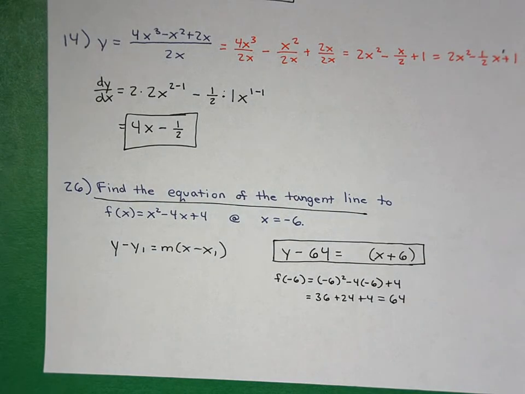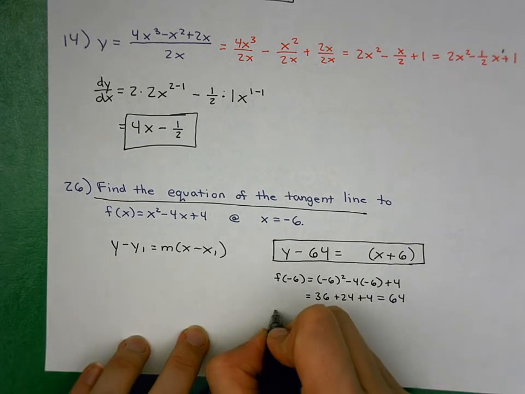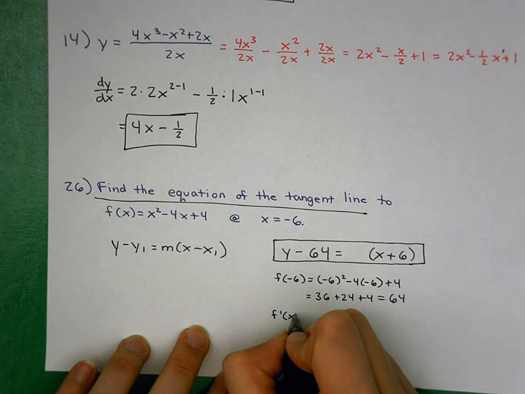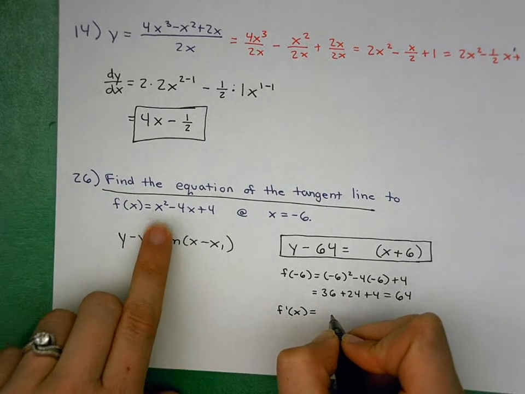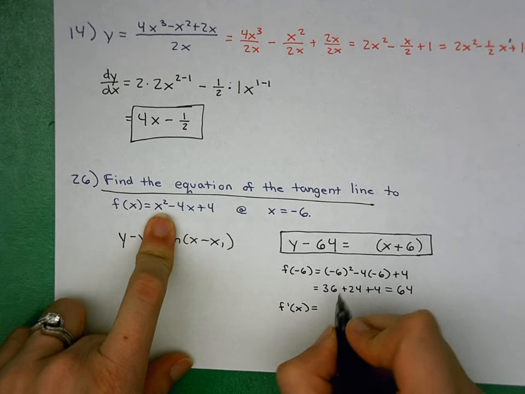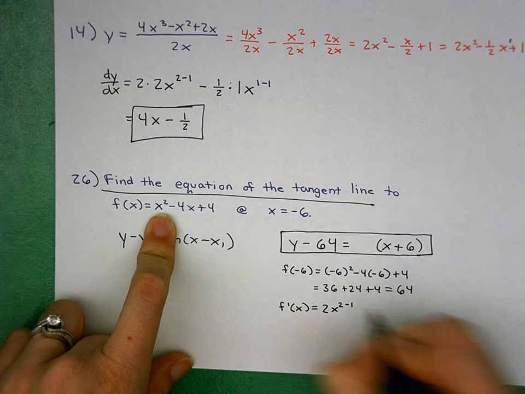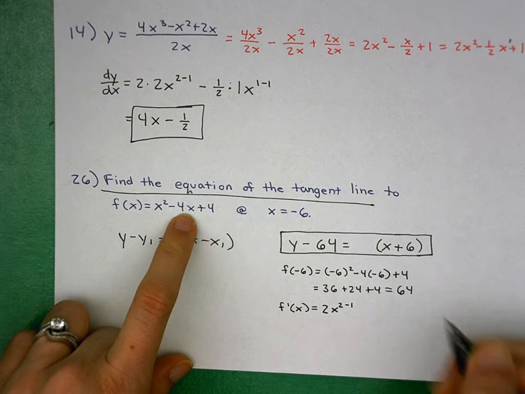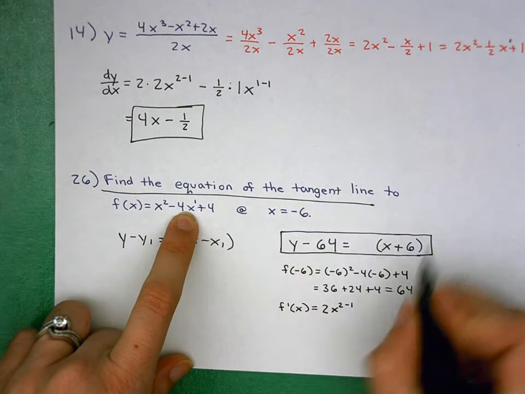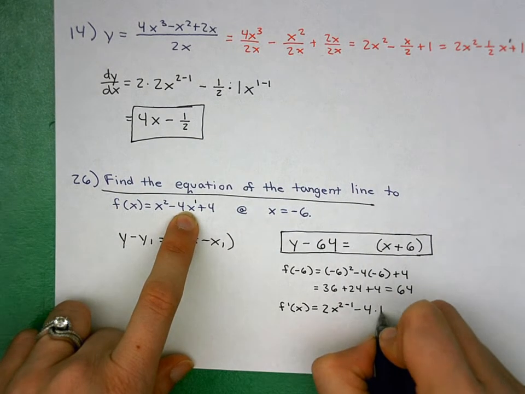Okay, and then the last thing we need is the slope. Okay, so this step here is what 19 through 24 are doing. What we are about to do is what 19 through 24 are asking you to do, which is find the slope. Well, slope of the tangent line, remember, is the derivative. Okay, so let's go ahead and take the derivative of our function. First term, my n is 2, so the 2 comes down in front. My new exponent, n minus 1. Second term, my n is 1, so the 1 comes down in front.